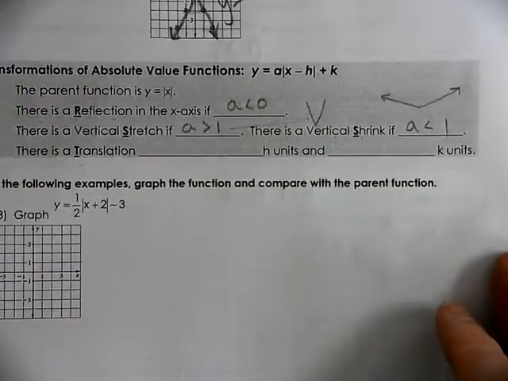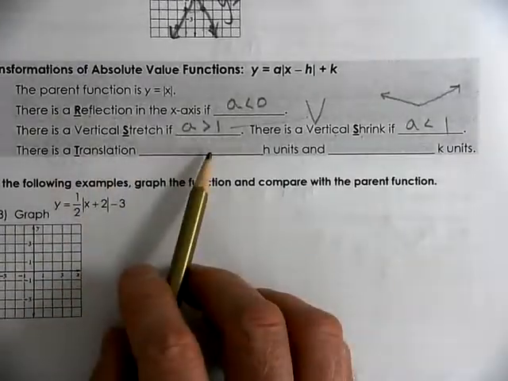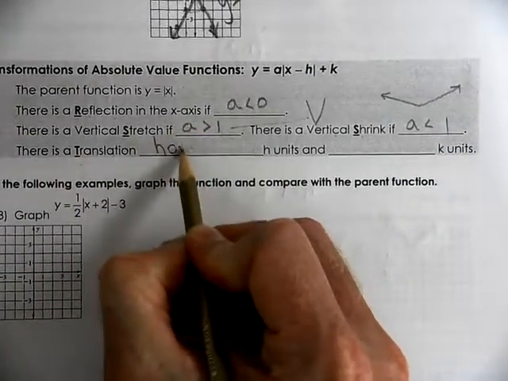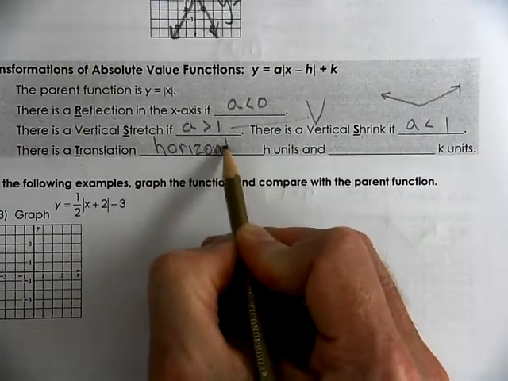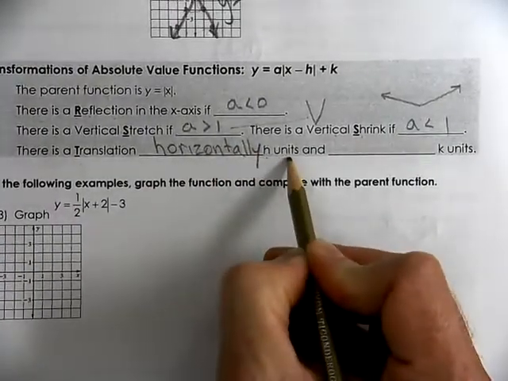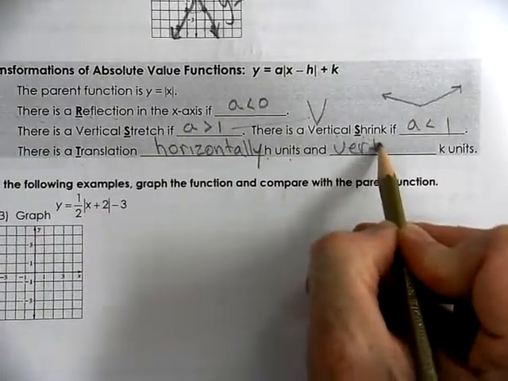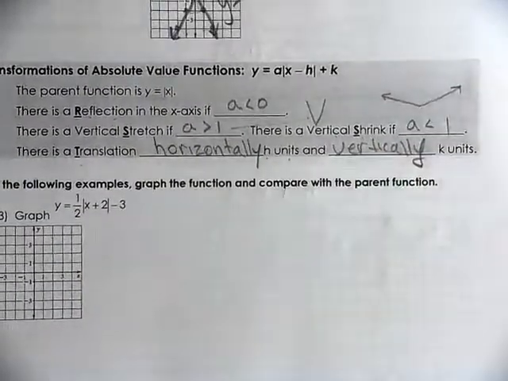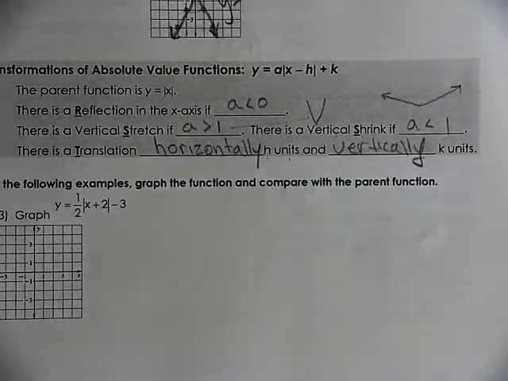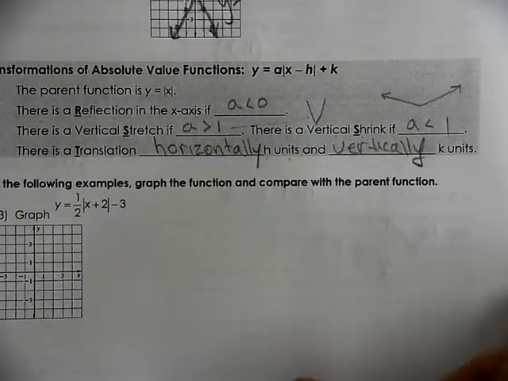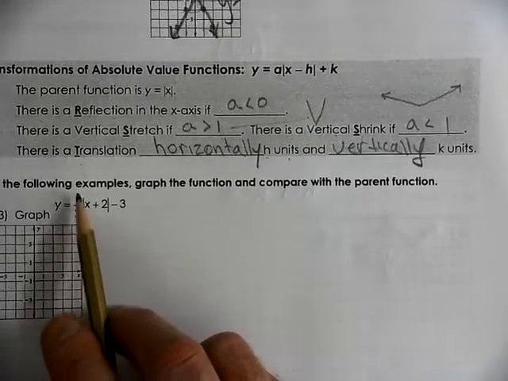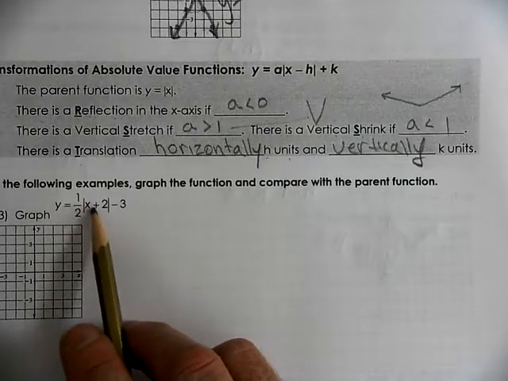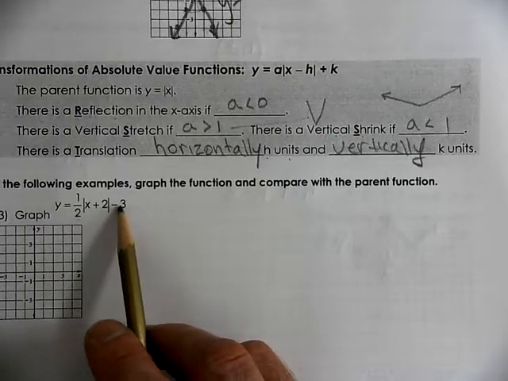And we have a translation. Horizontally, h units, and vertically, k units. So we can come to our final equation, which is y equals half the absolute value of x plus 2, minus 3.